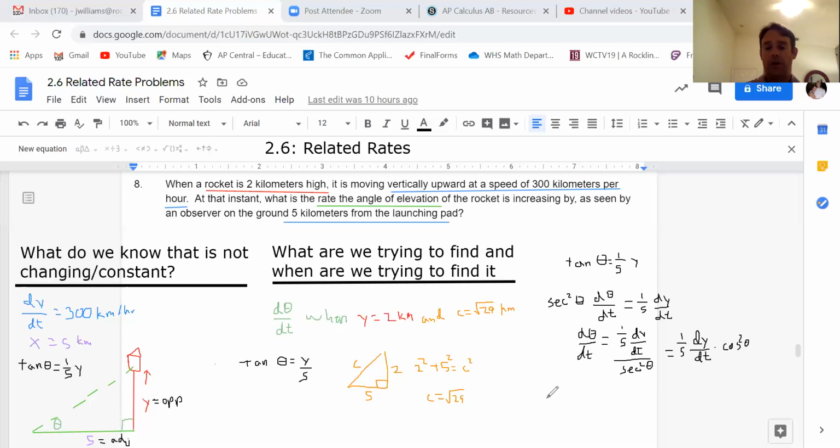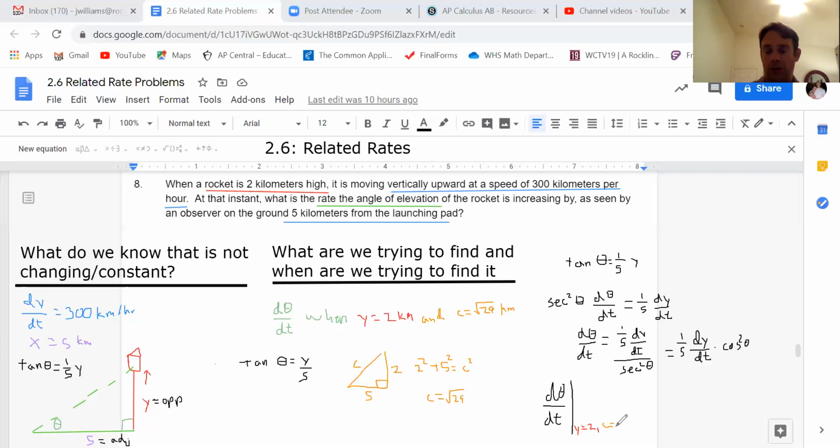All right, let's plug in some values, friends. Here we go. All right, so we're plugging it in when what? When y is 2, and when c is root 29.